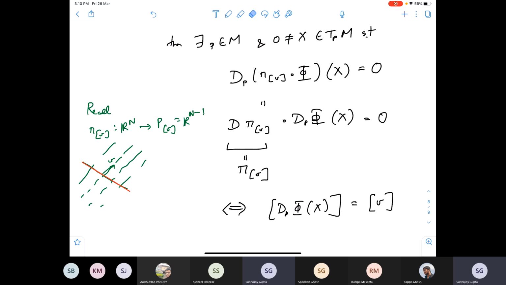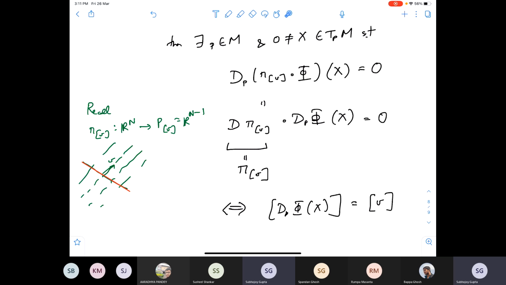So the derivative of this linear map here is the same as the map, but it is 0 on vectors that go along this direction v. Anything else goes to some non-zero vector, but these get collapsed, right?